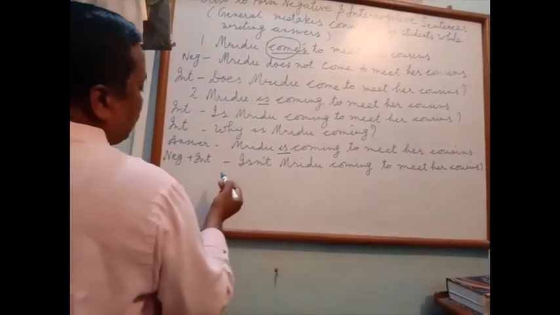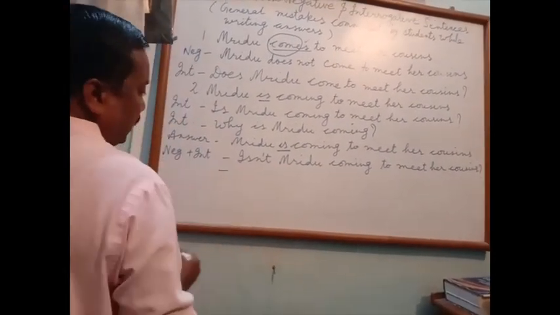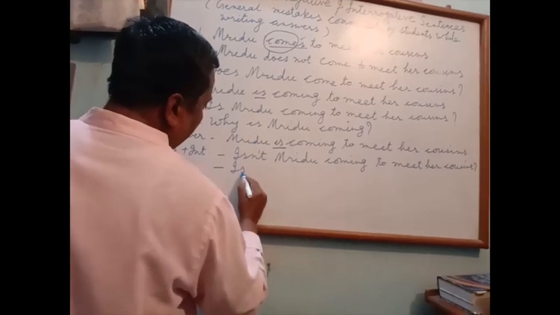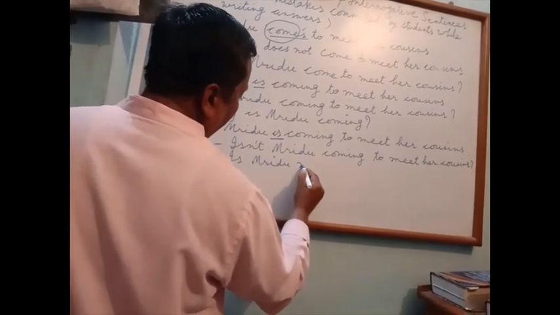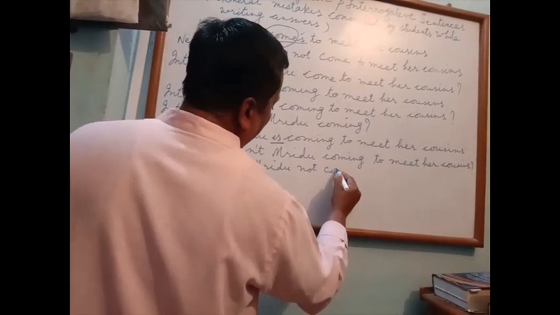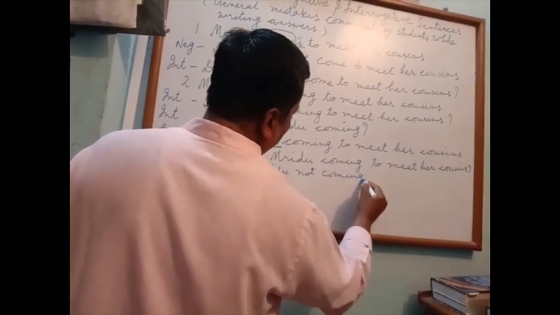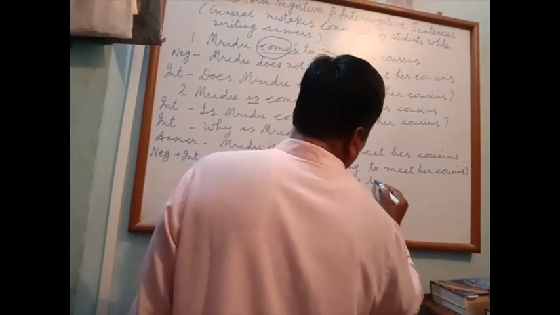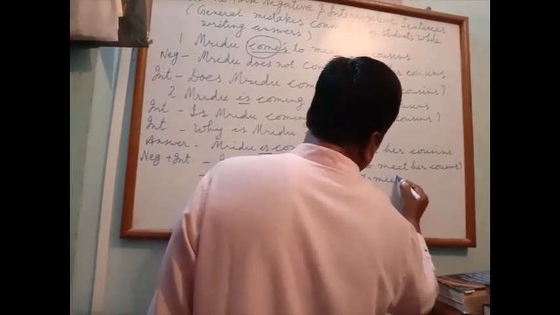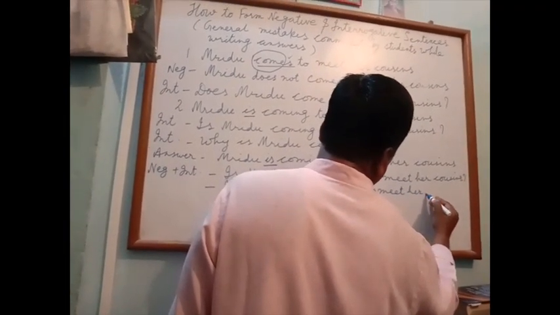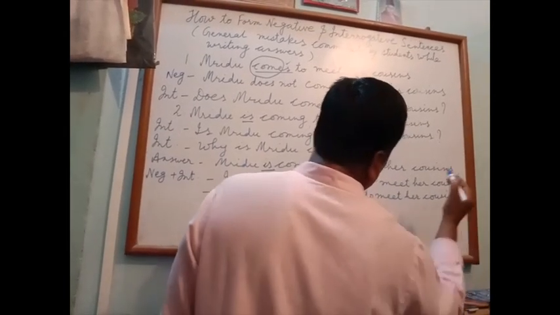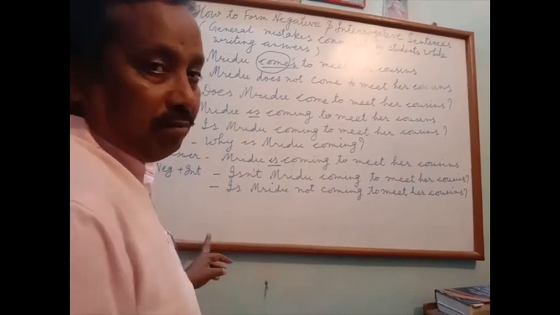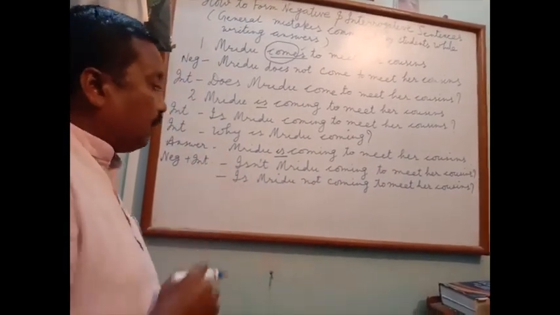And some students may also write like this: Is Mridu not coming to meet her cousins? Same meaning, but the way is different.